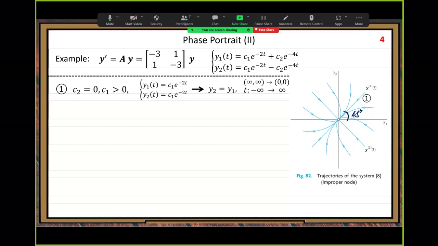Type 2 is similar. We only change C1 from positive to negative. So the equation is the same. The only difference is when we change t from negative infinity to positive infinity, this time C1 is negative. So negative times a positive infinity is a negative infinity. Negative infinity to origin.